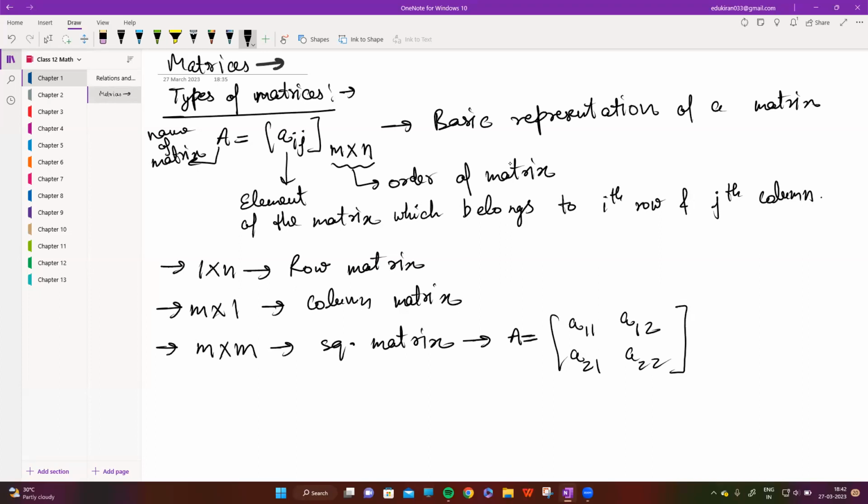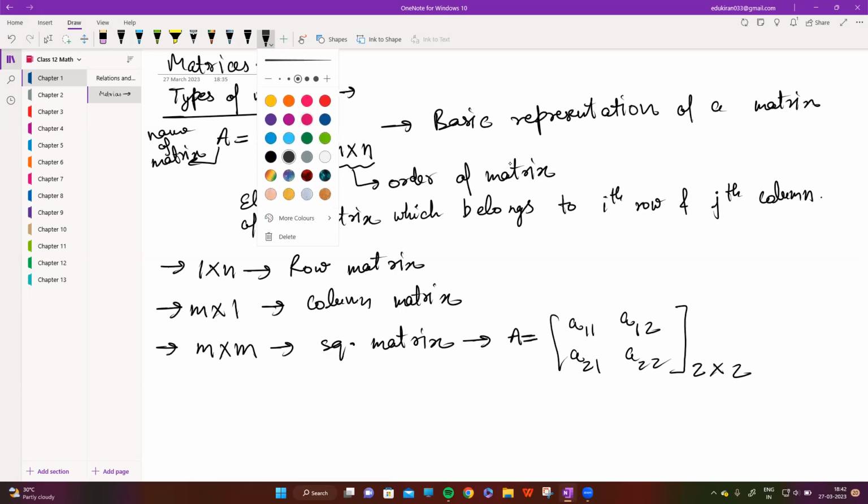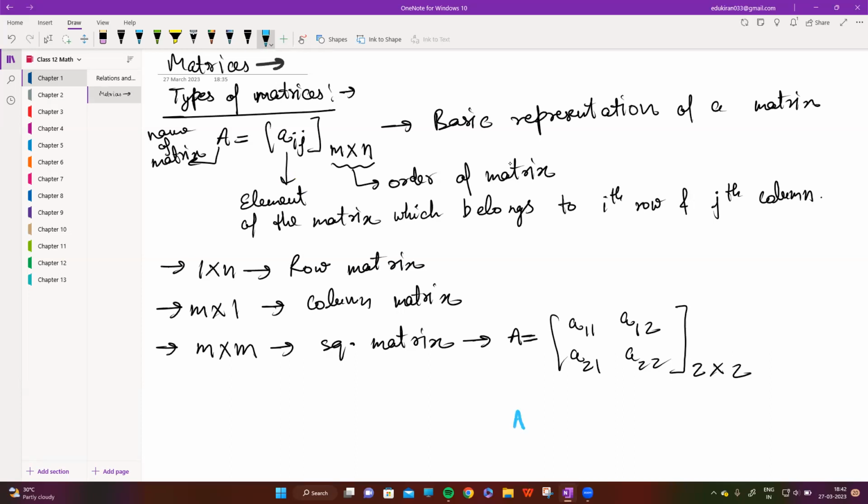Similarly, a general 3 cross 3 matrix would be A11, A12, A13, then A21, A22, A23, A31, A32, and A33. So these are general square matrices of order 2 cross 2 and 3 cross 3.